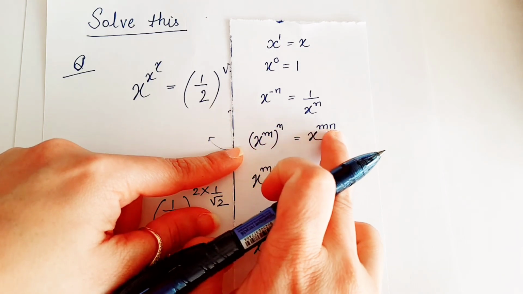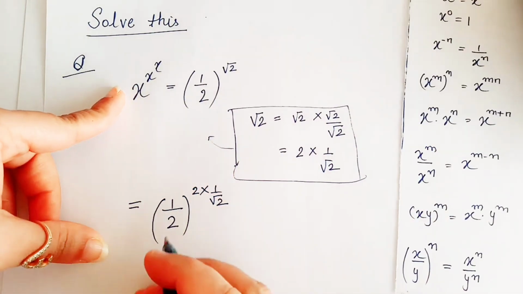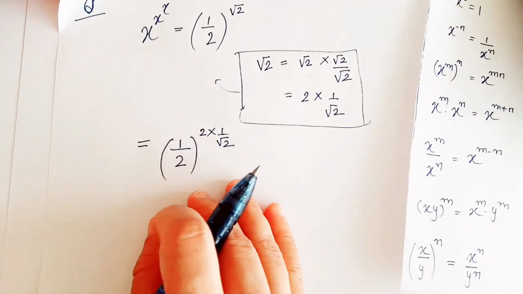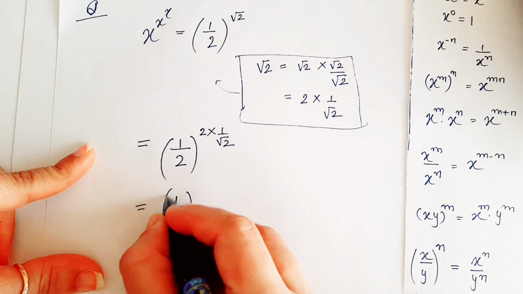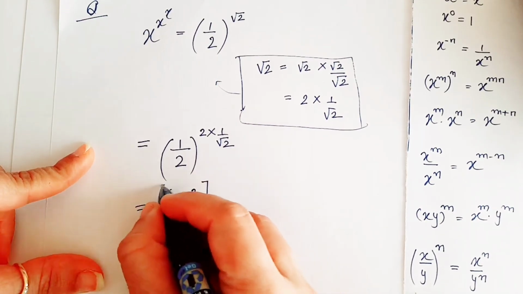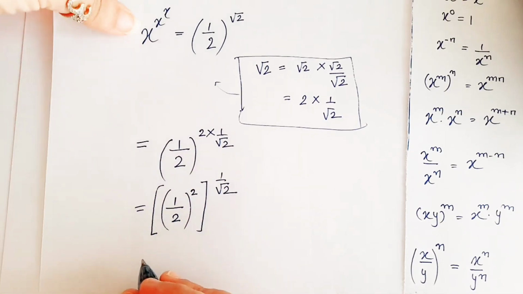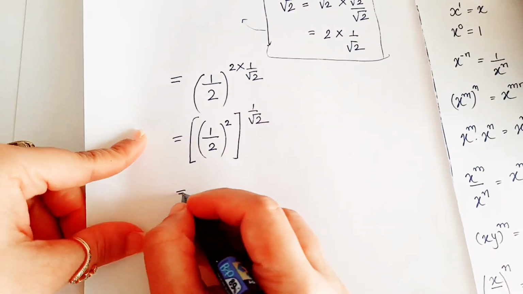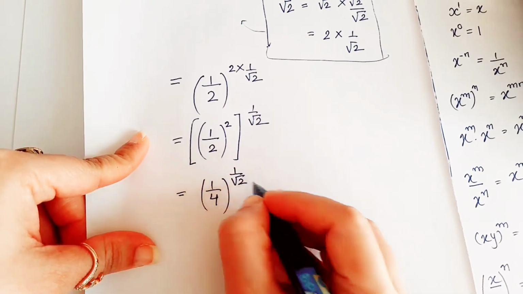That means we can write it as 1 upon 2 raised to power 2 whole power 1 upon root 2. This means 1 upon 4 raised to power 1 upon under root 2.